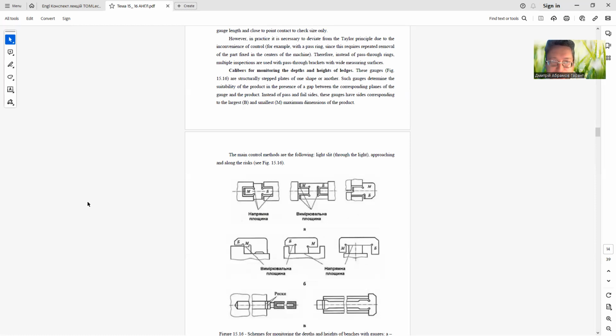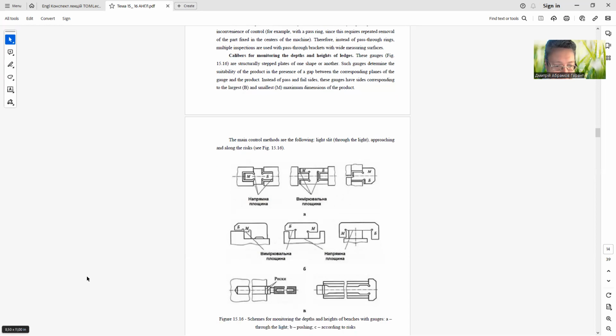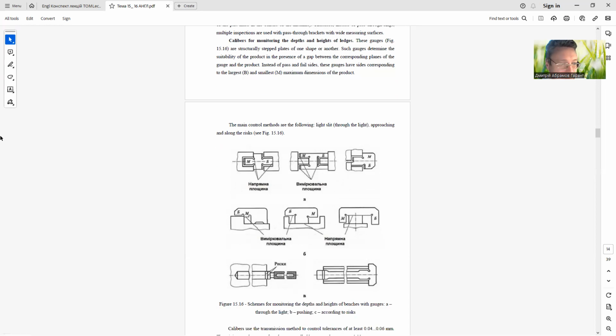Gauges for monitoring the depths and heights of ledges, like in figure 15.16, are structurally stepped plates of one shape or another.